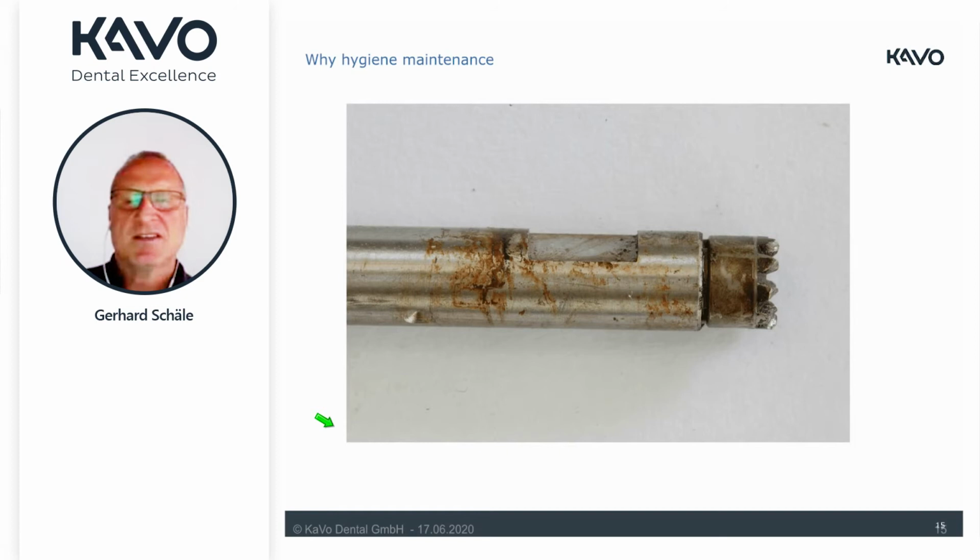Like here, this is from a head, and whenever you or your staff, especially the persons responsible for the cleaning, see things like that, tell them that this instrument should not be placed in the autoclave in this way. First of all, always clean up, but we come to this later on.